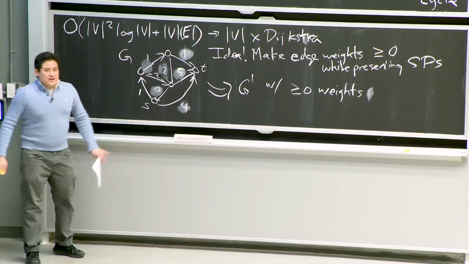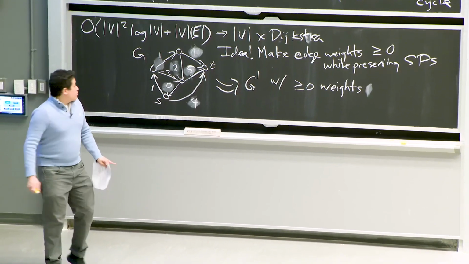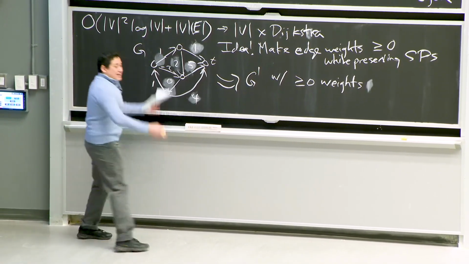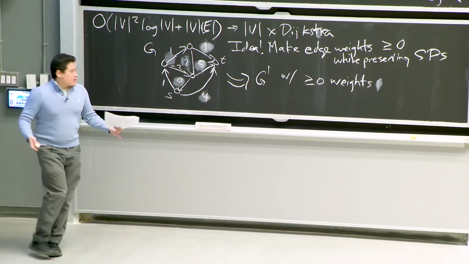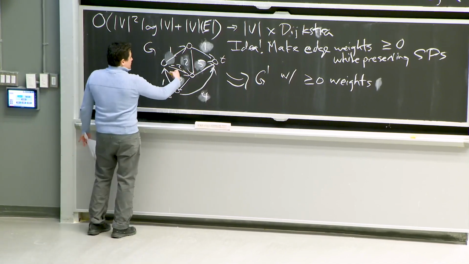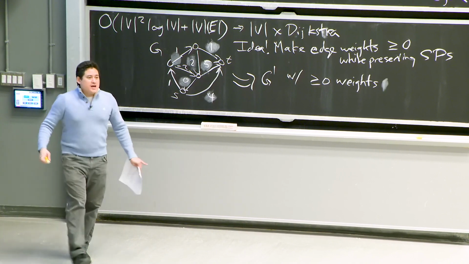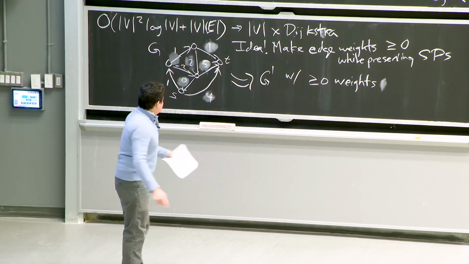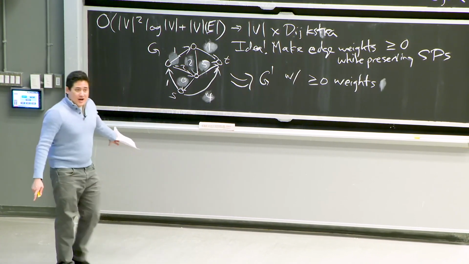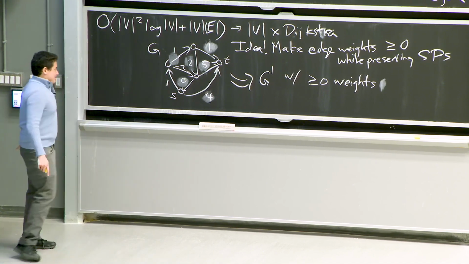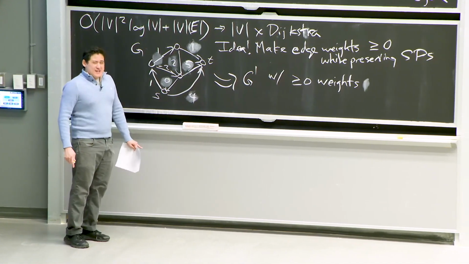There's only one negative edge weight here. What if I just added a large number, or in particular, the negative of the smallest edge in my graph, to every edge in my graph? Then I'll have a graph with non-negative weights. Fantastic. Why is that not a good idea?